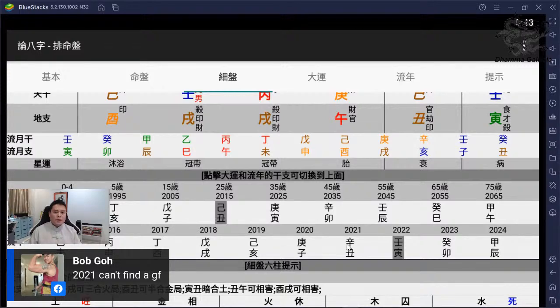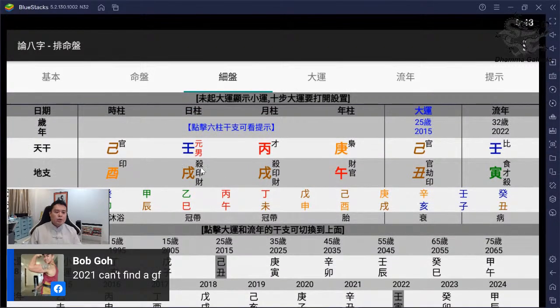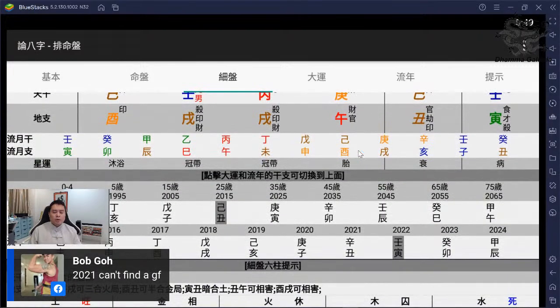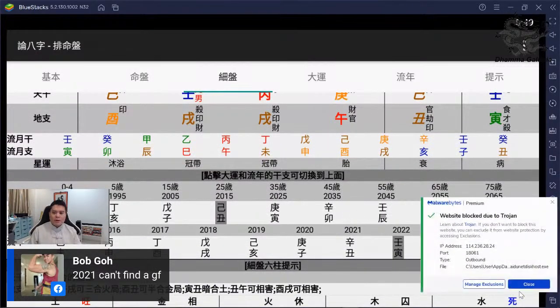This explains why, because the Chen Xu Chou Wei are the four storages, and Chou is the storage of the metal element. Given that your chart is of a water Day Master that's weak in strength, you need the metal element to enhance the positive aspects within your life.